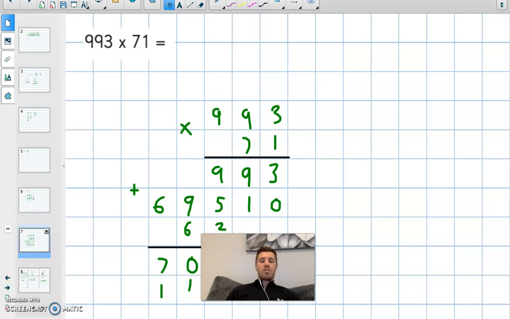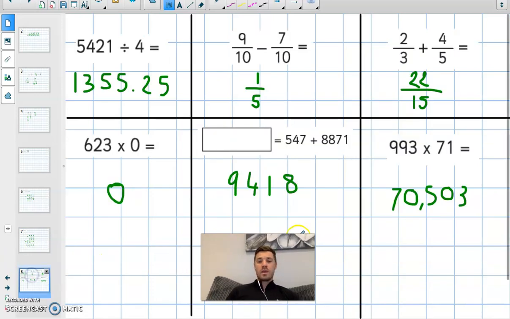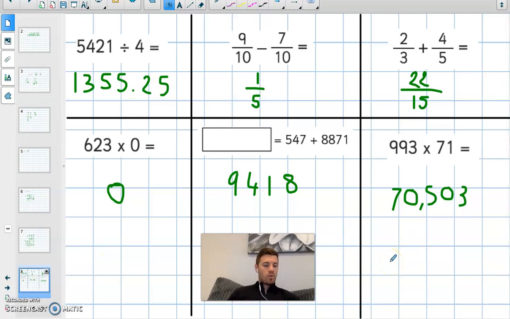So remember the trick with the comma, 1, 2, 3, and put the comma in front. So 70,503 is your answer. Pausing this screen, guys, double check you've got the right or the incorrect answers.